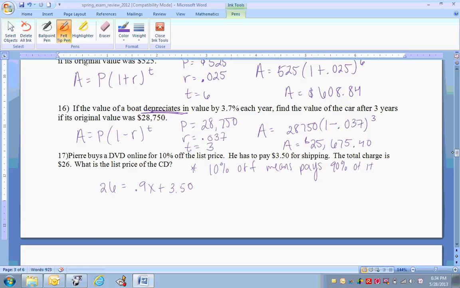And then we need to find out what the list price is equal to, so we're going to subtract 3.5 from both sides, and you end up with 22.50 equals 0.9 times x. Well, then we're going to divide both sides by 0.9. And when you divide 22.5 by 0.9, you end up with x equals 25. So the original list price of the DVD was $25.